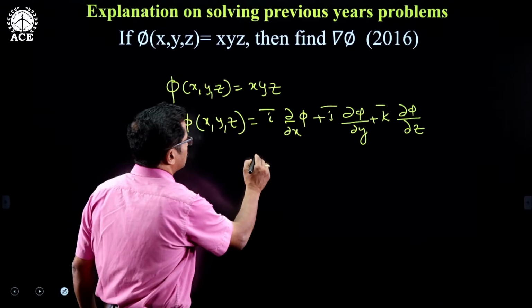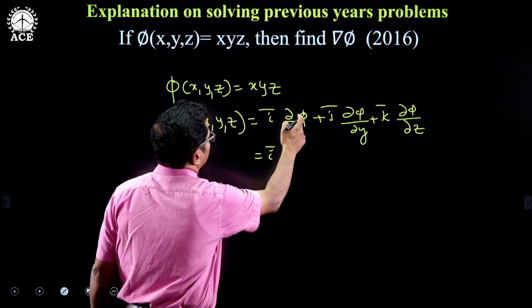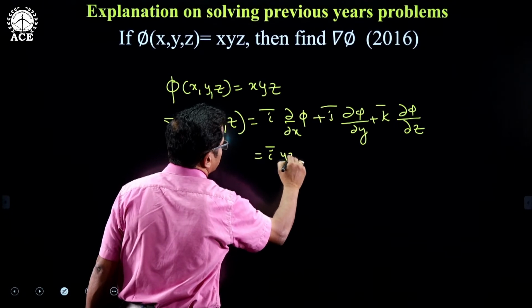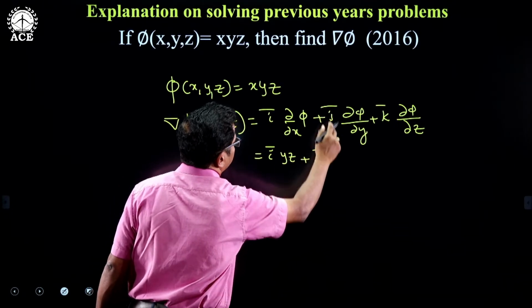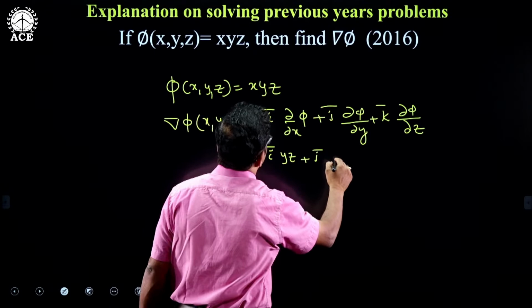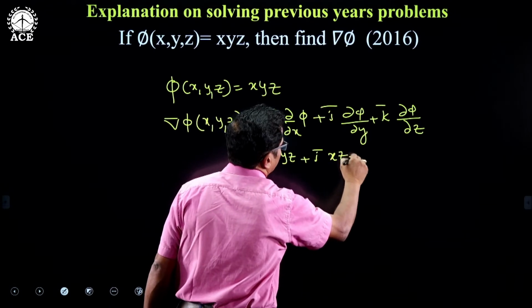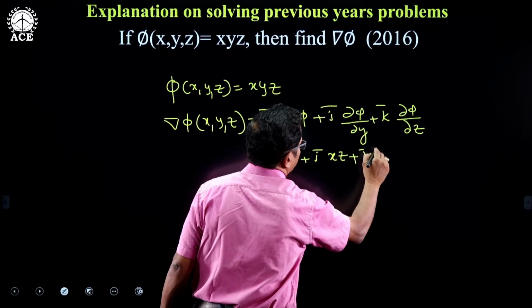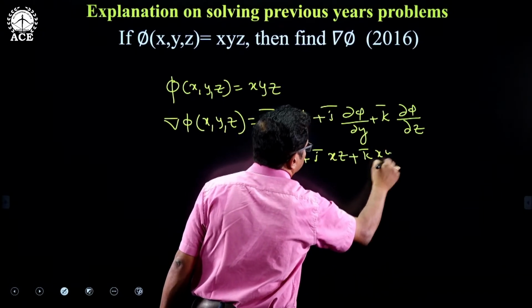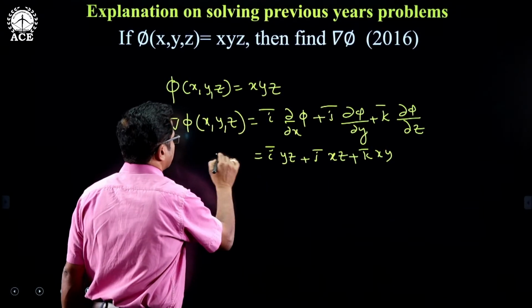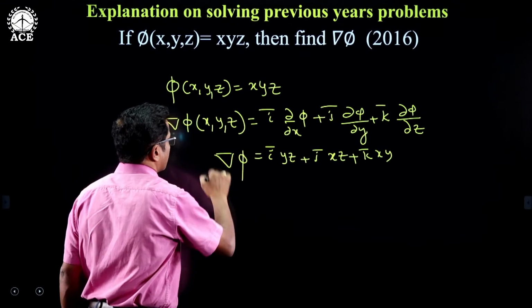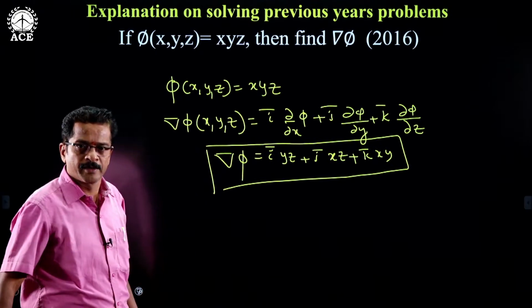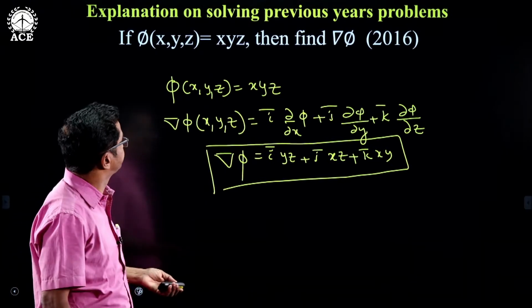Now this equals i bar into yz, plus j bar into xz, plus k bar into xy. So this is del phi, or gradient of phi.